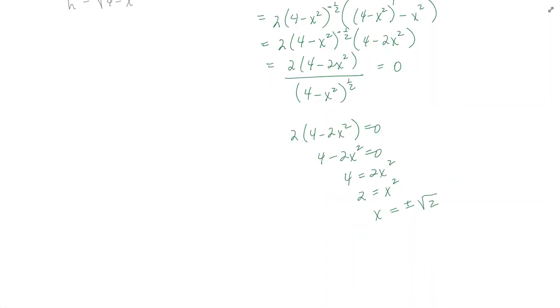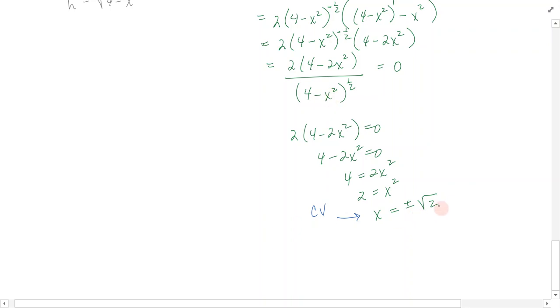Now, before I go any further, we need to consider a few things. First of all, we know that these values for x would be considered the critical values. I also know that the derivative is going to be undefined when x is equal to 2.